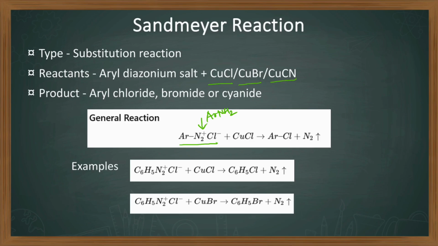Based on the salt we take, the final product varies. In case I take cuprous chloride, I would get chlorobenzene. If I take cuprous bromide, I would get bromobenzene. This particular unit will go away as nitrogen gas.